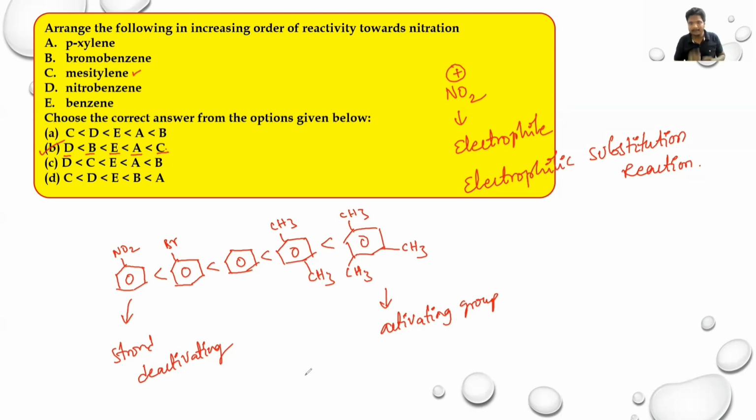This is only a simple concept, ring activating groups and ring deactivating groups. Ring activating groups increase the rate of reactivity towards nitration, that is electrophilic substitution. If a ring deactivating group is present, that decreases the rate of reaction. Is it clear?